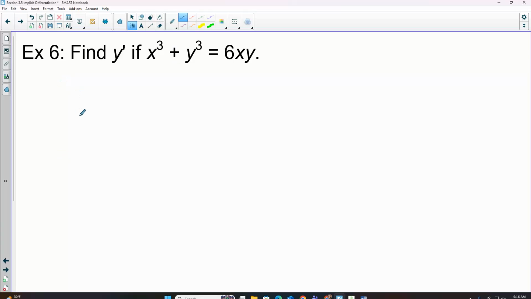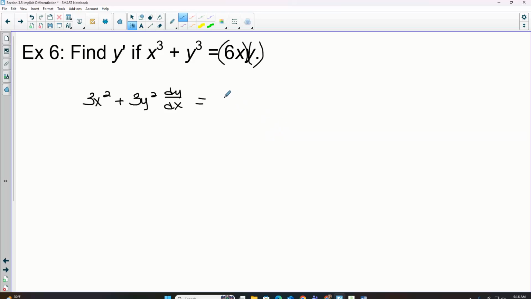So, derivative of x cubed, derivative of y cubed, 3y squared dy dx equals 6xy. So we have two variables being multiplied, so we have to do product rule.